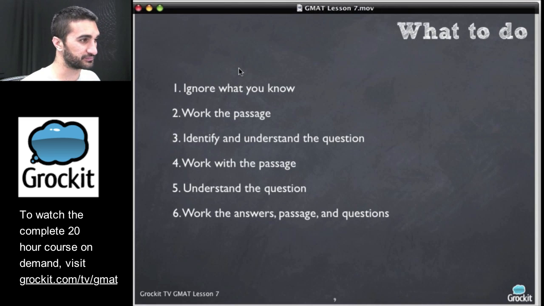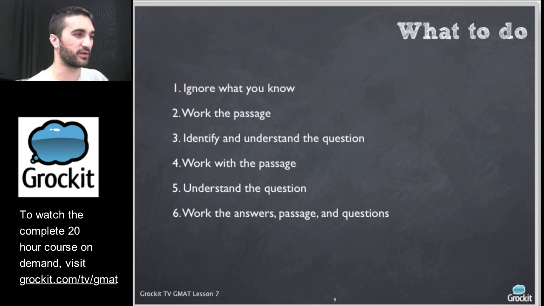So what do we want to do? We want to ignore what we know. We want to work with the passage. We talked about this before. It's the same process. Ignore what you know, work the passage, identify and understand the question, work with the passage again, understand the question again, and work the answers in passage and questions together. And this seems like, why are we going back and forth? But that is literally how I work it.